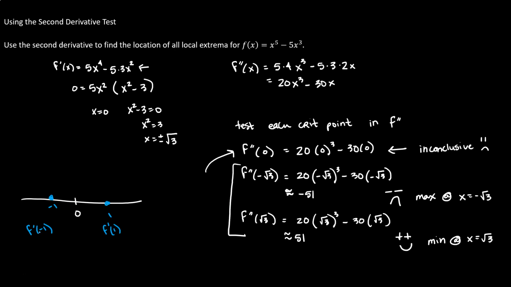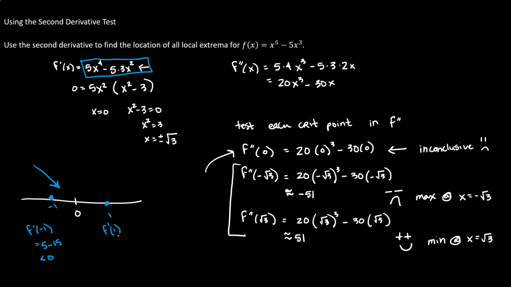So -1 plugged into our first derivative. Well, if we go back to our first derivative, notice that each of the variable terms have even exponents. So that -1 just turns into a +1. We have 5 minus 15, which is less than 0, so it's a decreasing function there.